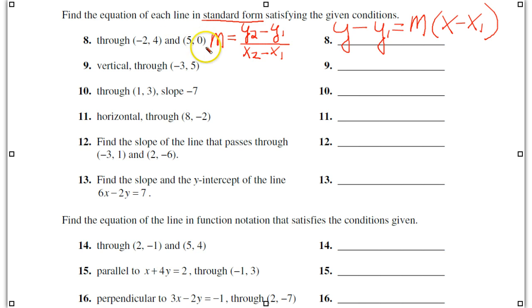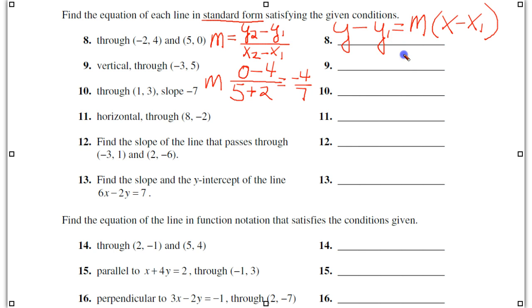So y sub 2 is 0 here, minus 4, and x sub 2 is 5, minus, this minus, a minus 2 makes it a plus 2. So our slope now is a negative 4/7.